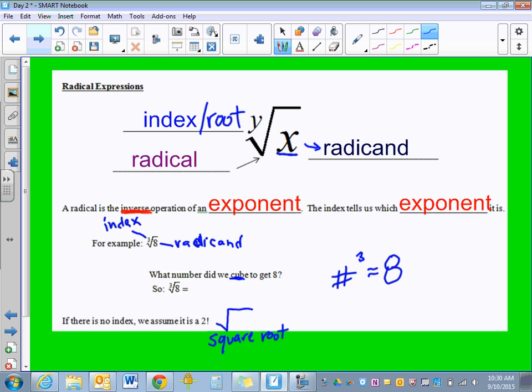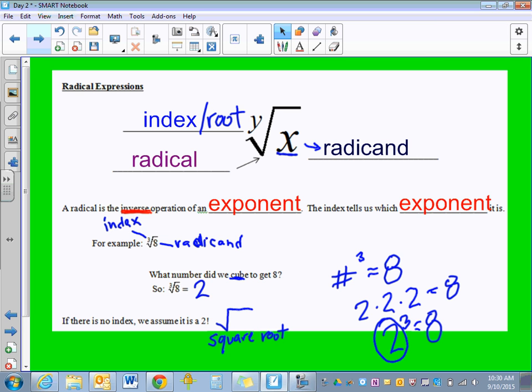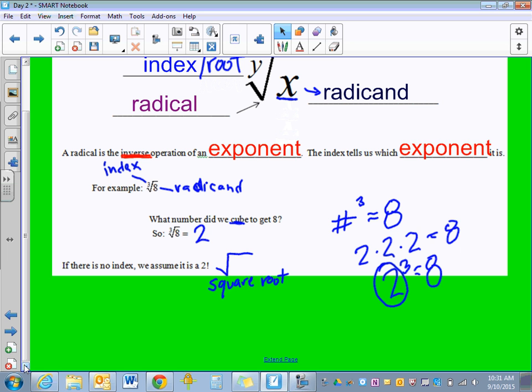Very good, 2. 2 times 2 times 2 is 8. So 2 cubed is 8. So what I'm saying is, this cube root means what number must I raise to the third power to give us 8? Any questions on that?